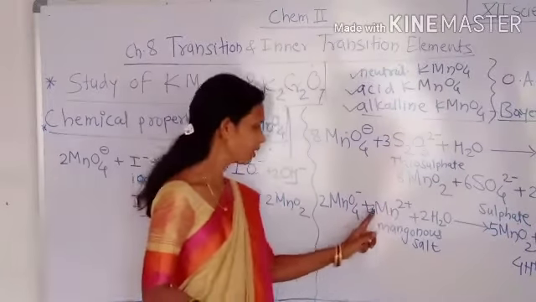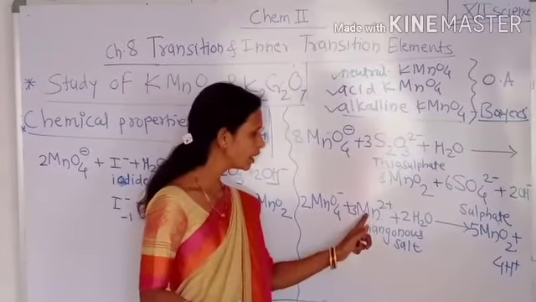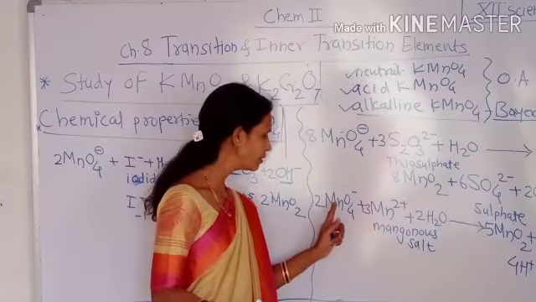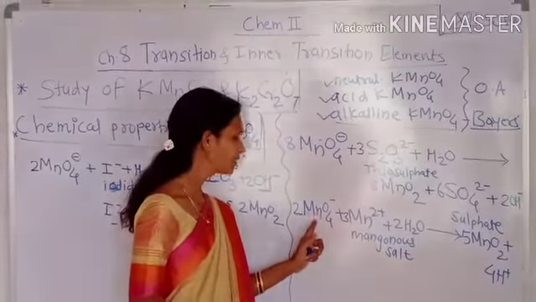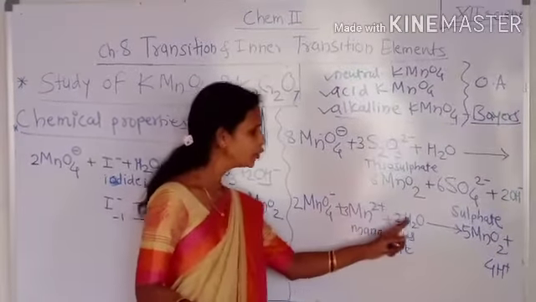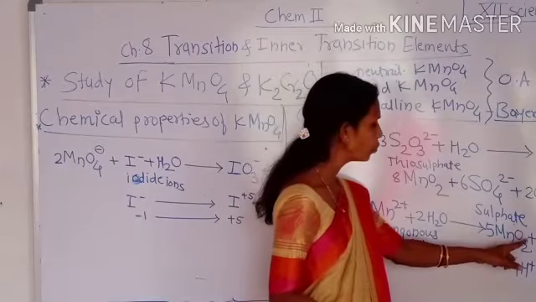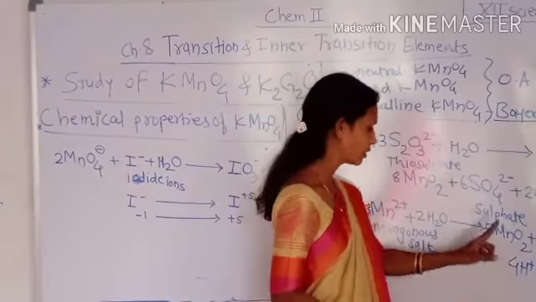See here, manganese salt containing Mn2 plus ion is oxidized due to the permanganate ion present in potassium permanganate in neutral medium. It is converted into MnO2 compound with liberation of 4 H plus ions.